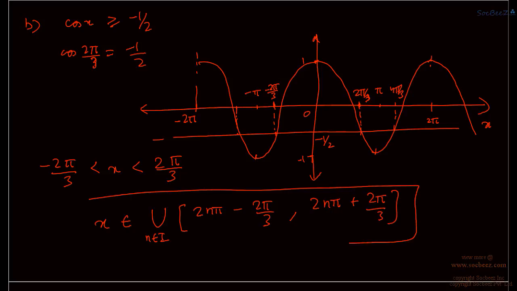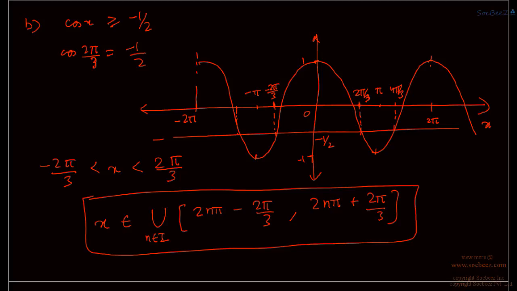Right? So again, let's just understand this answer here. This means x belongs to the union set 2n pi minus 2 pi by 3 to 2n pi plus 2 pi by 3, where n is an integer, right?